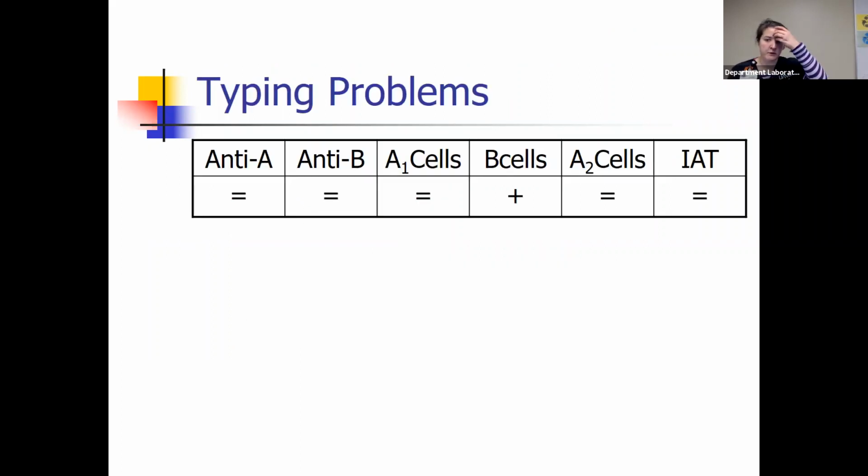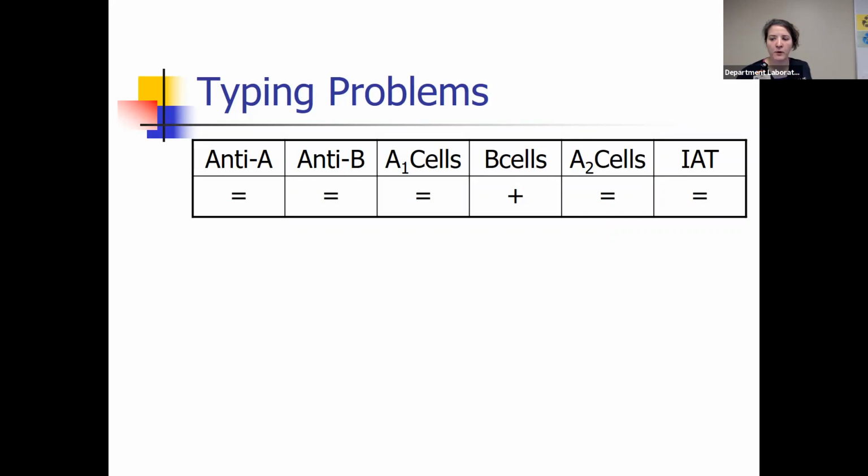All right, so just some reviews of typing problems. What do you guys think about this one? You're not given A1 lectin results.